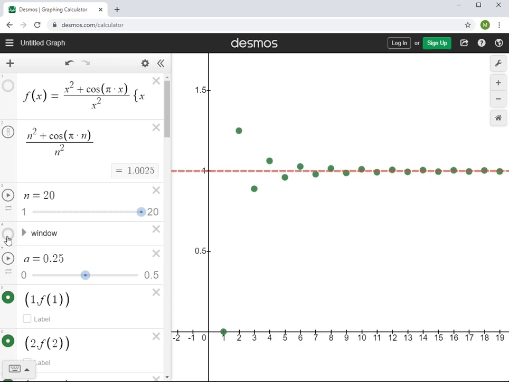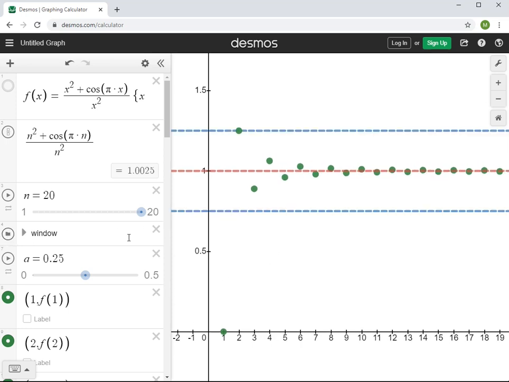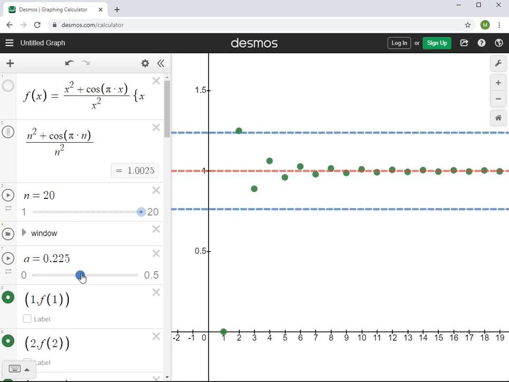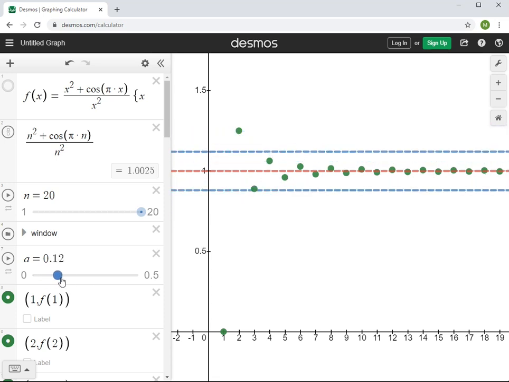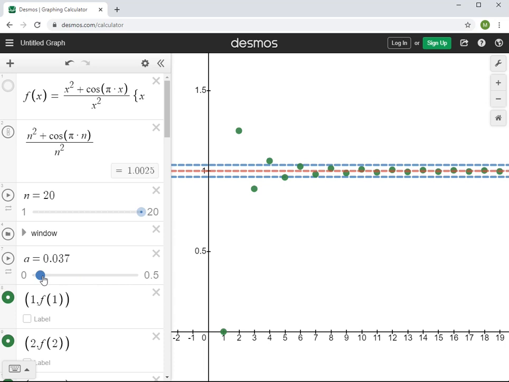Now what I was saying a moment ago with this idea of the window: if I give you a window and I know that the limit of the sequence is 1, then you can go ahead and find an index such that all of the terms past that index will fall within that window.